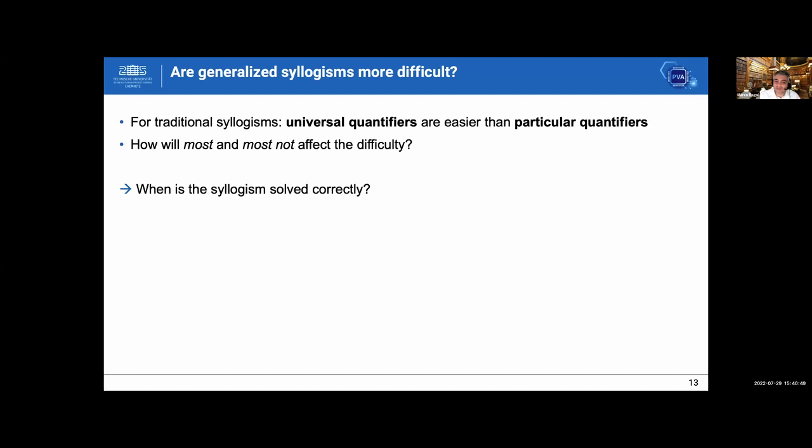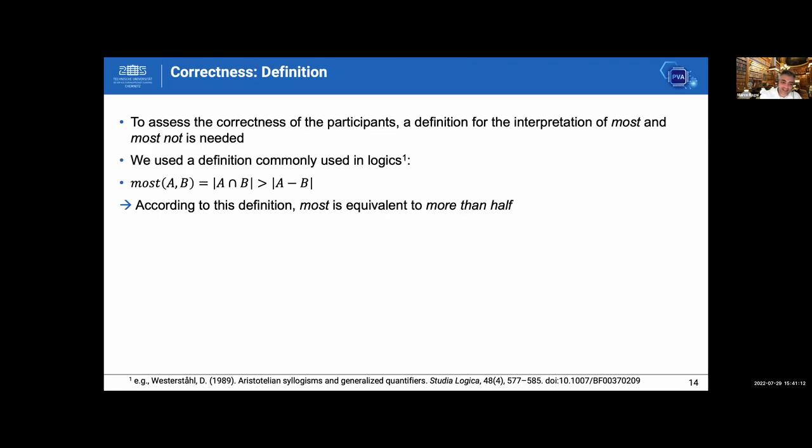Before we can analyze this for most and most not, the question is, when is a syllogism solved correctly? I was kind of vague so far about the meaning of most and most not, but now we need to be clear and precise, because obviously there can be different kinds of semantics. Luckily, we can follow what has often been used in the normative theory in logic, like Westerståhl, for instance, which takes most to be equivalent to more than half.